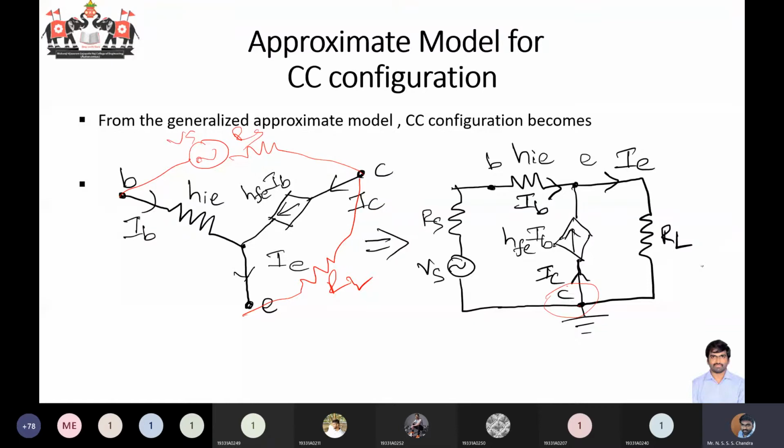One is your HIE through which current IB is flowing, and then you have an emitter node, and then you have an HFE into IB dependent current source. We are just redrawing the circuit from a generalized approximate model.